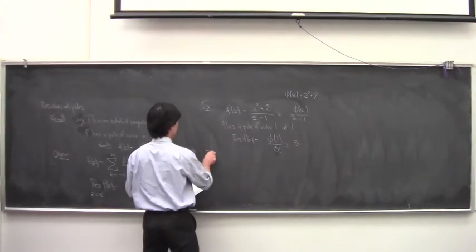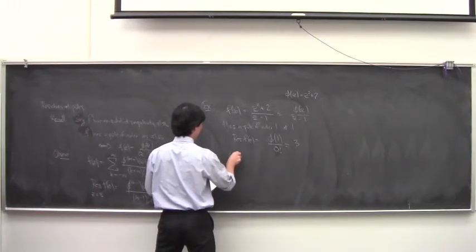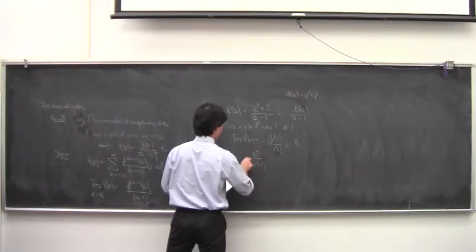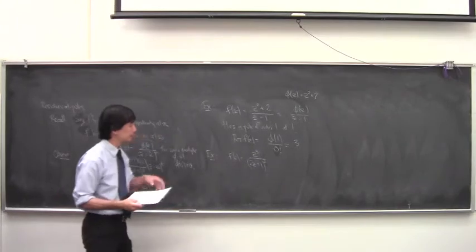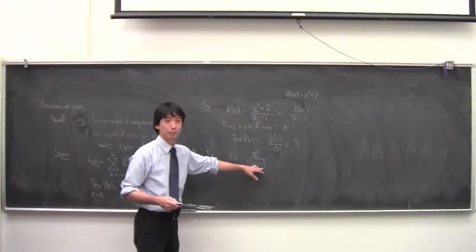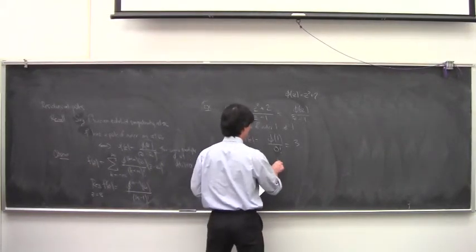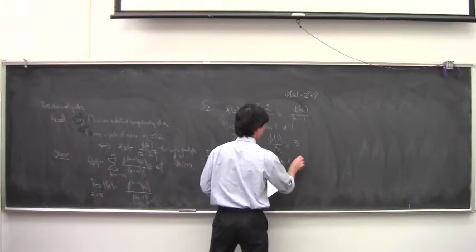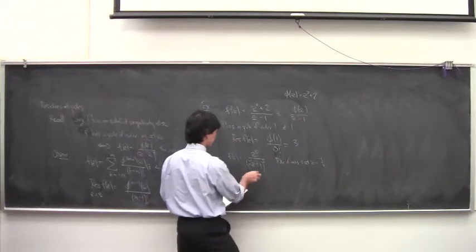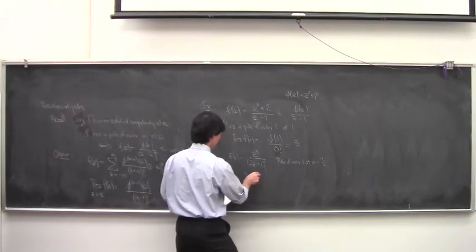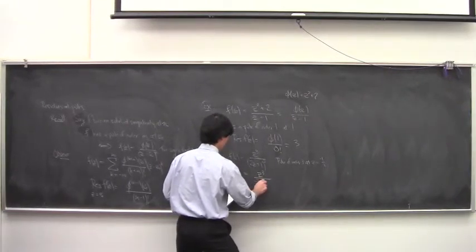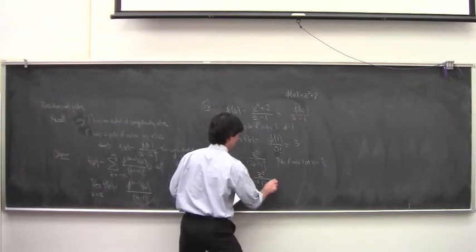Another example, f of z is, say, z cubed over (2z plus 1) cubed. So you would say, okay, I know that at negative a half, this has a pole of order 3. We rewrite this as z cubed over 8 times (z plus a half) cubed.